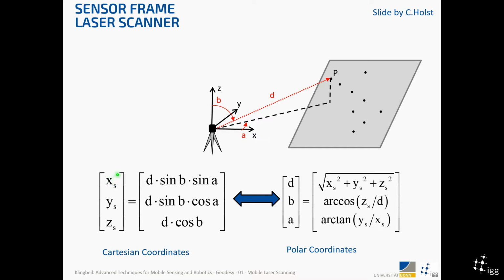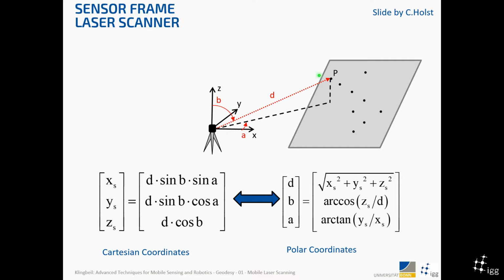So I can give that point P in this x, y, z sensor coordinate system. The x, y, z coordinates in the sensor system can be derived from D, which is the distance, and the sine and cosine of the angles A and B, and so on. These are the equations that you already know. You've seen them a few times already.